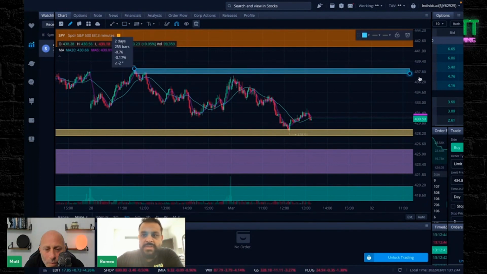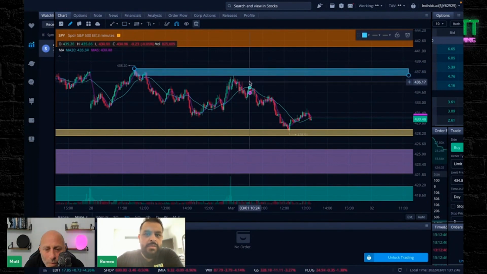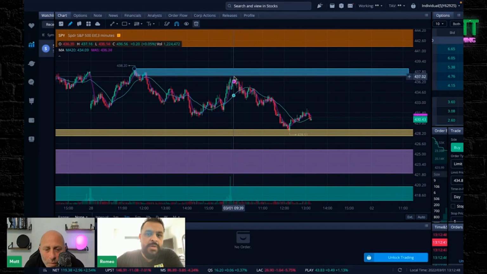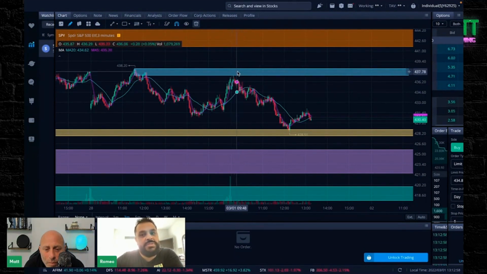Then I zoom out, and today we topped out right there. So that's my sell zone. This is your supply area right here. That means more institutions are probably going to sell at this point, which is exactly what happened. They sold and it dropped.